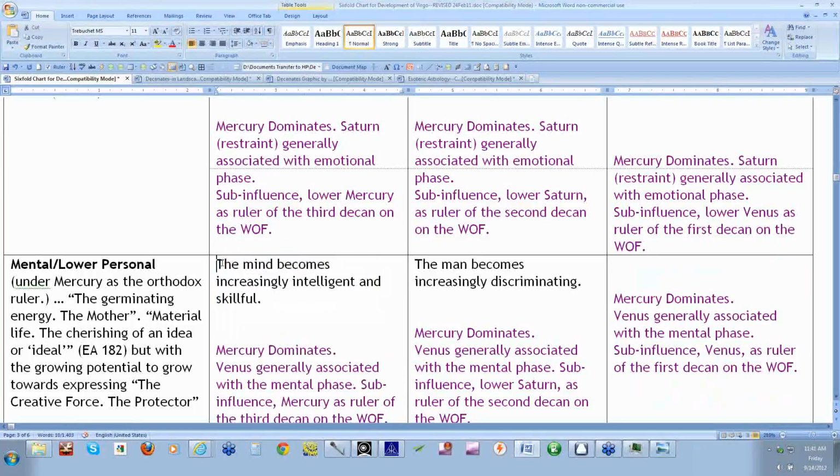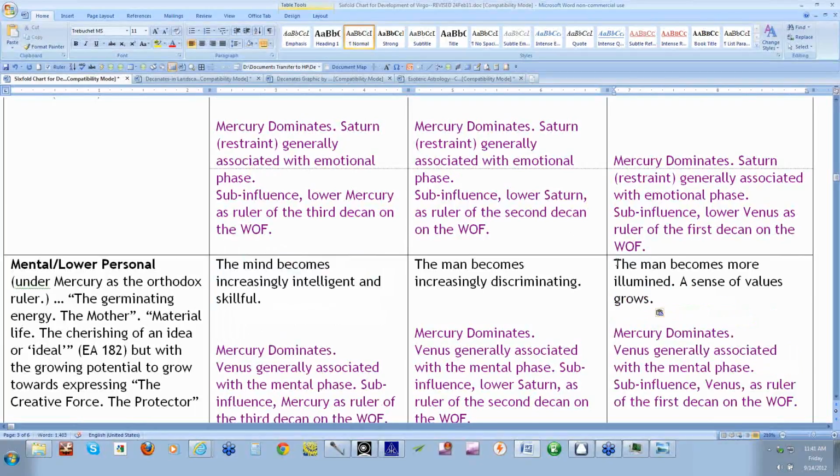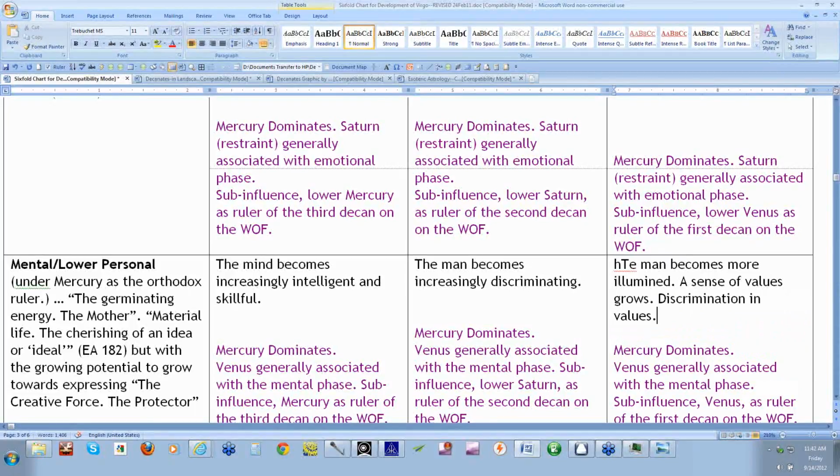I guess in this particular way I didn't know whether I was coming or going. But now we're under Venus. The mind becomes more illumined and a sense of values grows. So let's call it discrimination in values. This is under Venus. And we're into an increasingly monastic stage.